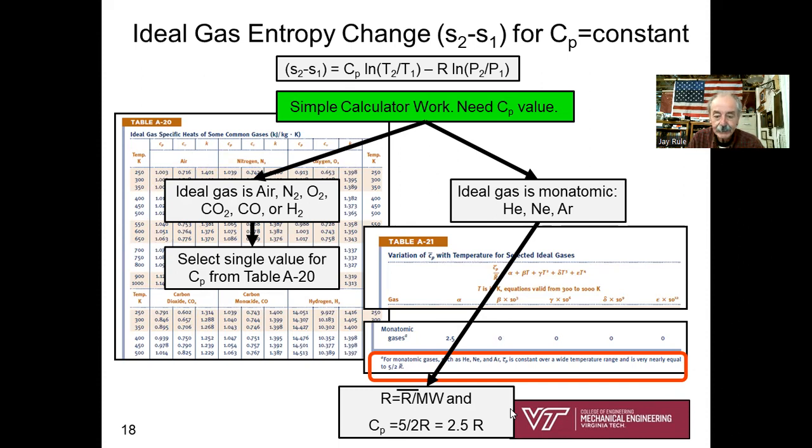So scientists can predict analytically the values for CP for monatomic gases. So if you have a monatomic gas, recognize you got to go to table A21 to refresh your memory that for monatomic ideal gases, CP is 2.5 times R.